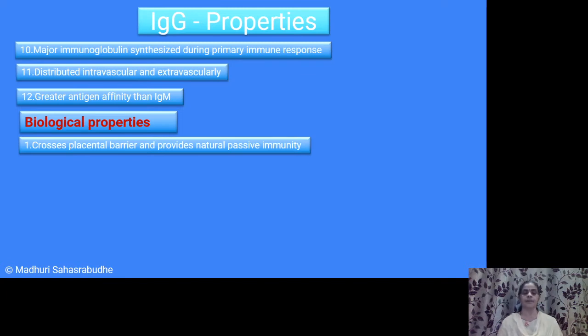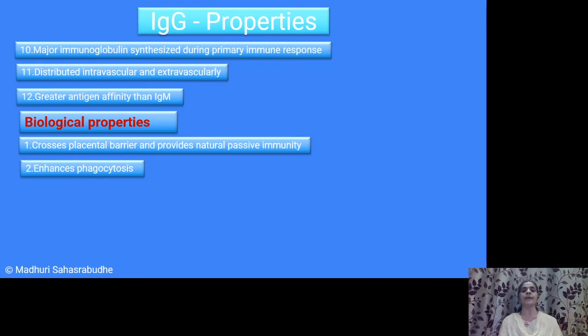This placental transfer, or mother-to-fetus transfer, also transfers IgG, and that is how the fetus gets the resistance to fight against infection. This particular type of resistance the fetus gets is called natural passive immunity. And this is the only immunoglobulin. IgG is the only immunoglobulin which can cross the placental barrier and provide the fetus natural passive immunity. So it is a very important property to note.